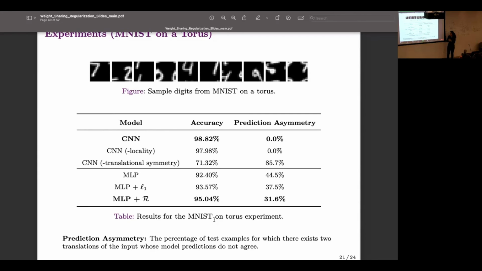In this way, we ruin the symmetry of the images. CNN is such a good architecture because images have locality and symmetry. We are ruining them one by one, and if we mess the translational symmetry, the accuracy of CNNs drops very significantly. In this case, the accuracy of MLP plus L1 and MLP plus R doesn't change at all.